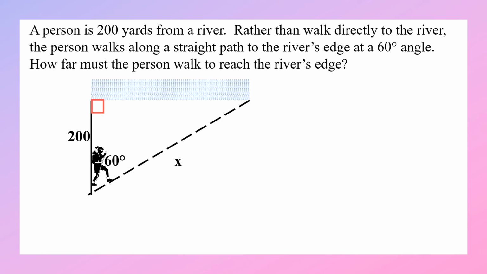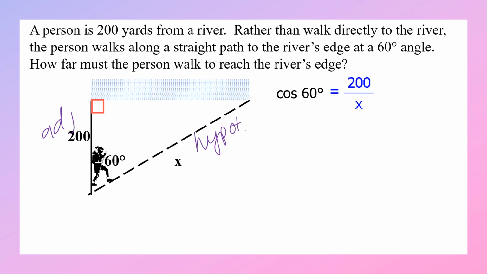So we have this value here, 60 degrees. We need to decide what this is an example of: sine, cosine, or tangent. From this angle, this would be our hypotenuse, and this is our adjacent. If we have adjacent and hypotenuse, that would be cosine. So we're taking cosine of 60, and that is equal to the adjacent over the hypotenuse.